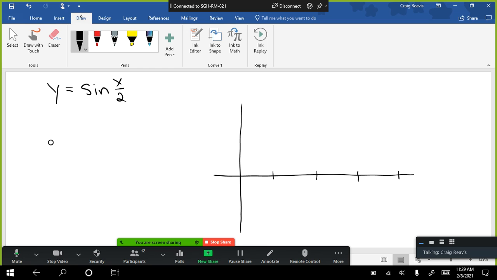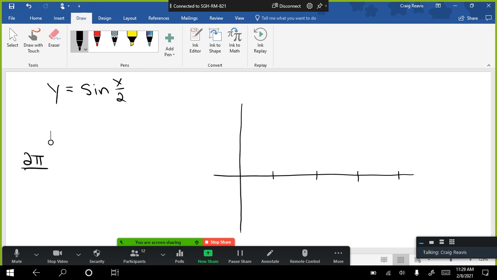Now, what's going to change is the values of these tick marks. Let's go through one using degrees, maybe make it a little bit simpler, and then we'll go to our radians. First thing you need to know is how long does it take to go through this cycle, the period. Our period is equal to 2 pi over b.